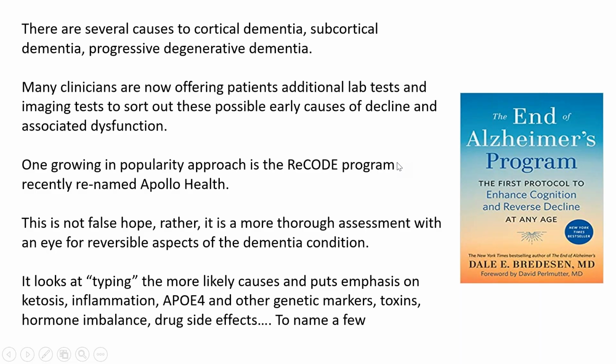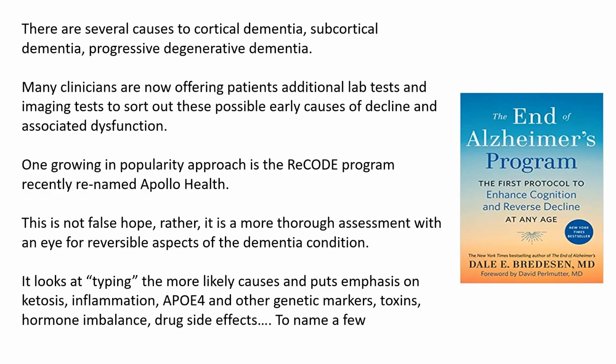And I'm going to give a shout out to Dale's approach, Dr. Bredesen's approach. He's gotten some good press, some bad press, and I have to tell you that I think he's really onto something. We've seen that method be effective. It's a lot of labs, it's a lot of additional tests, but when you have all that data at your disposal, it opens your eyes to a lot of possibilities for cause.